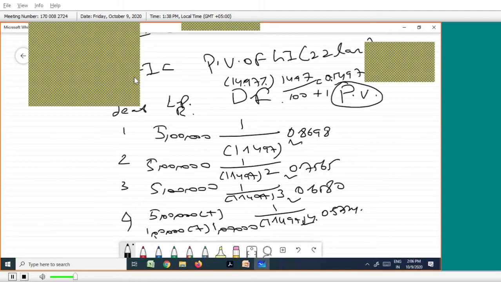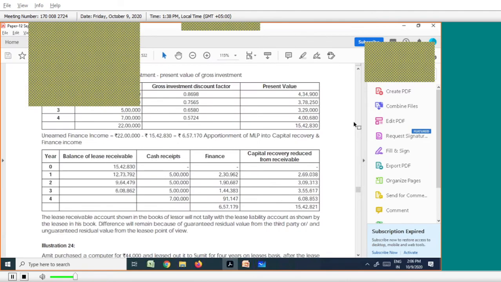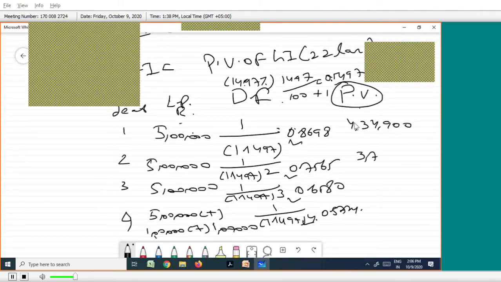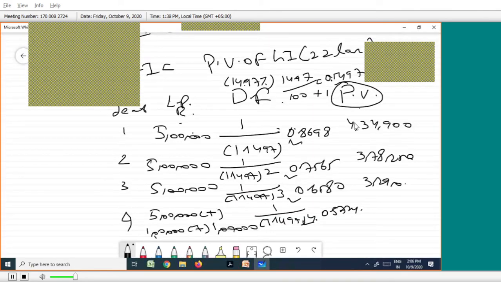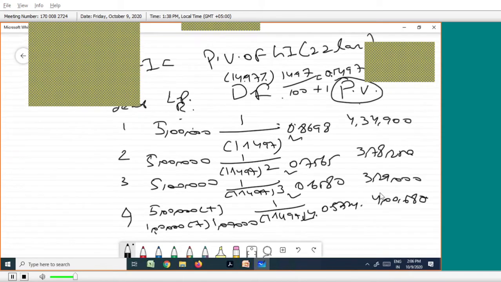Present value is nothing but actual payment into discount factor. 5 lakh into 0.8698 equal to 4 lakh 34,900. Next, 5 lakh into 0.7565 is 3 lakh 78,250, and third year 3 lakh 29,000, fourth year 4 lakh 00,680. How? 7 lakh into 0.5724. That we have to identify.